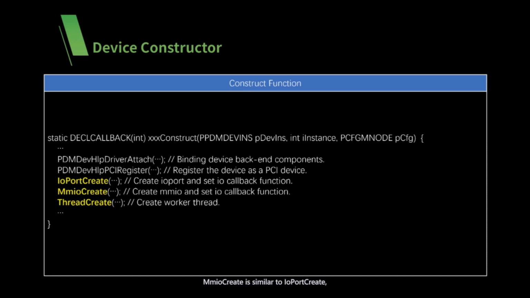MMIO create is similar to IO port create. It can be called by the mov instruction in the guest. Thread create creates the working thread of the device, which contains the main logic of the device, so it requires us to review it in detail.